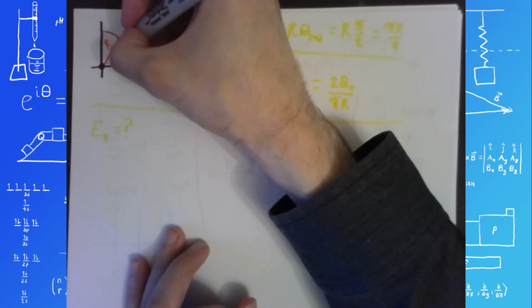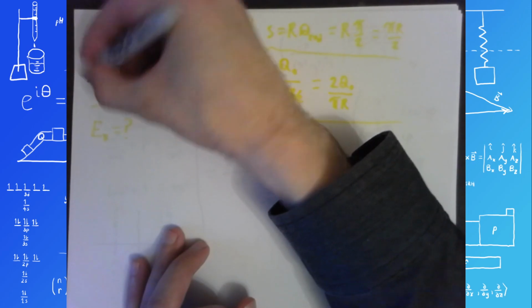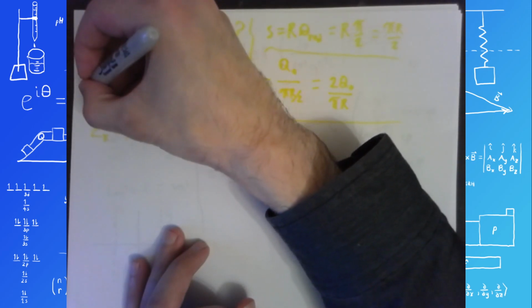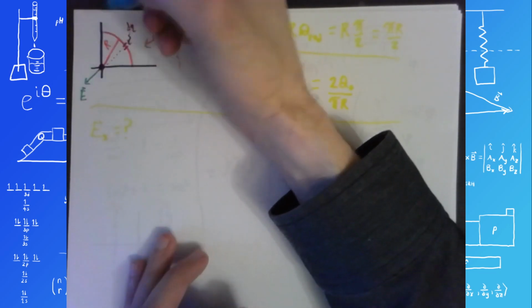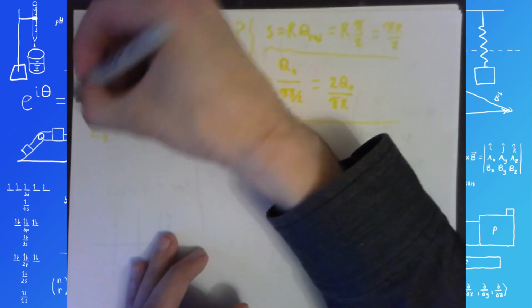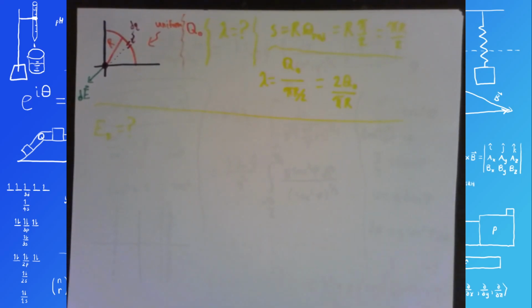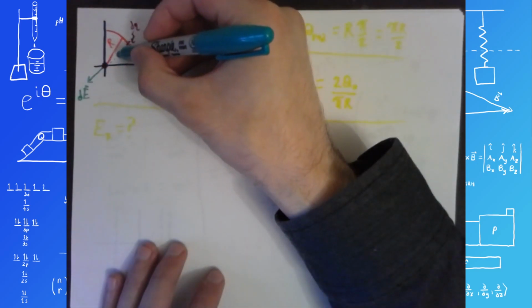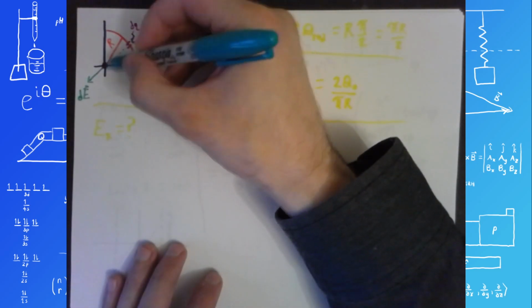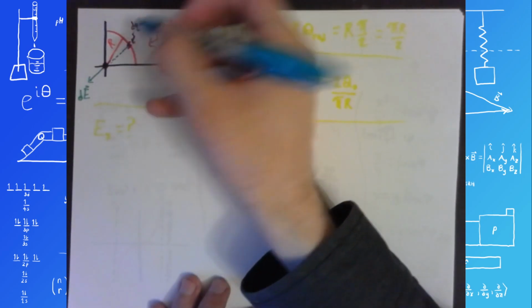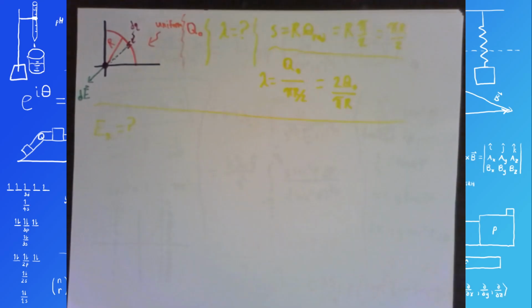So it'll produce an electric field pointing that way. I'll call it dE, since it's just a portion of the total electric field. And I think, did I draw that right? It's slightly off, but we'll assume that's a straight line.